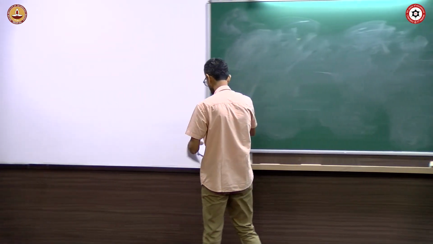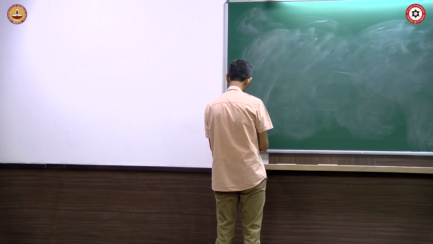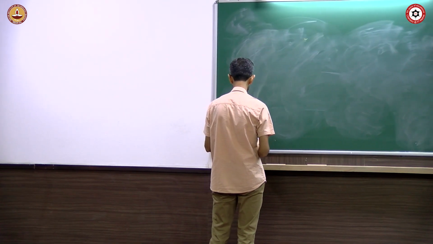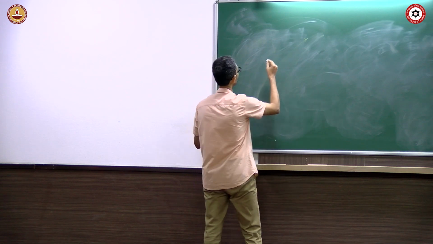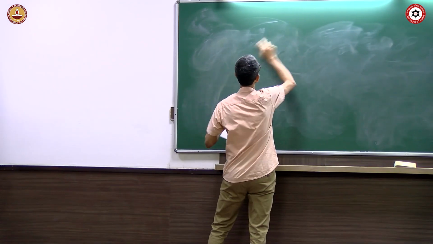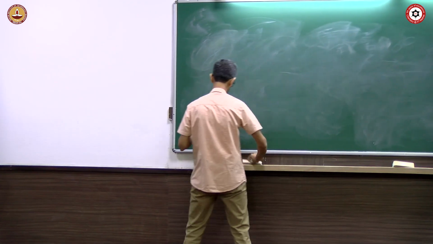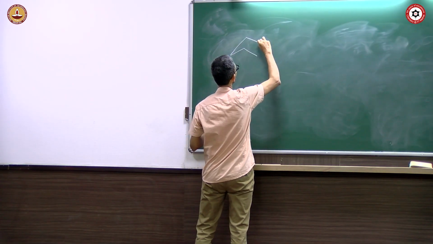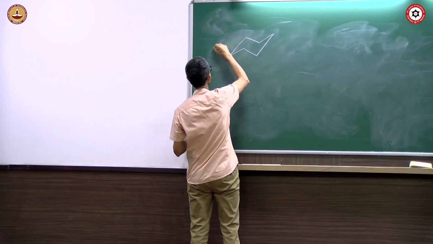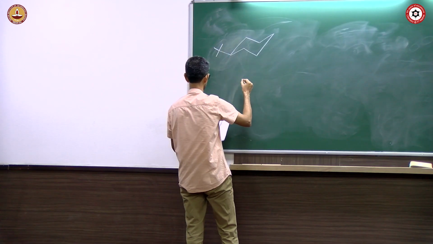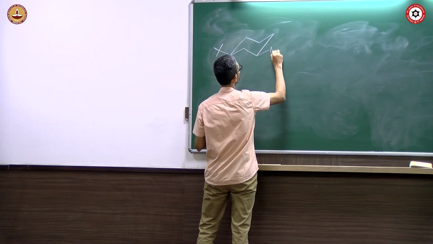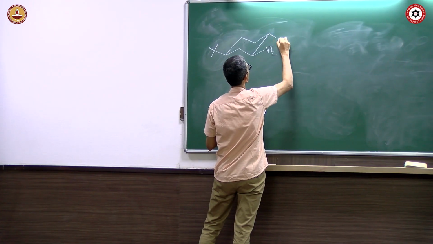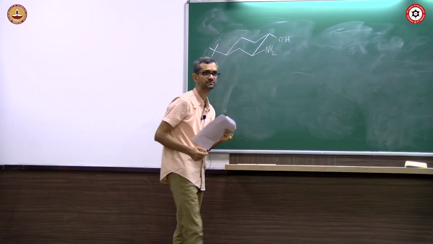Here is another example where the migrating bond is again anti-periplanar. Amino alcohols, vicinal amino alcohols.